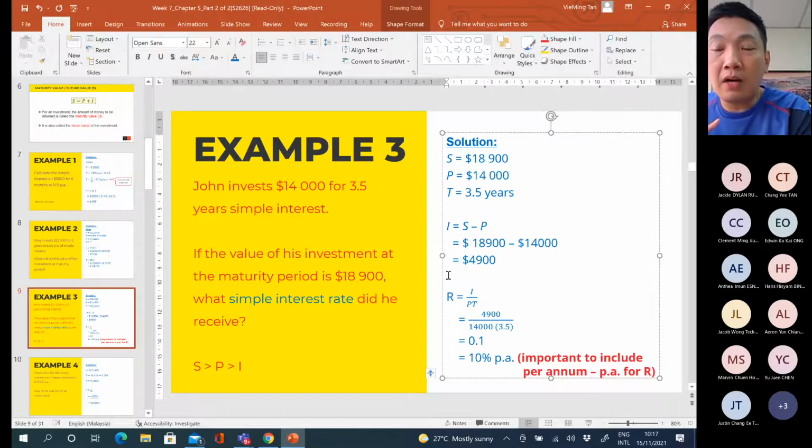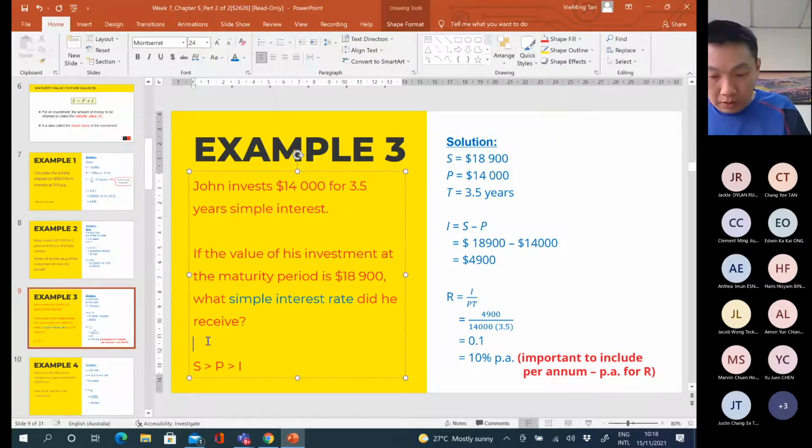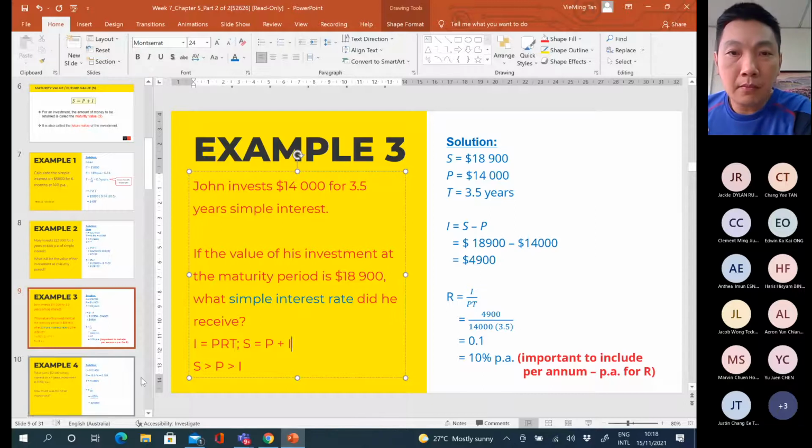But now we don't know the R value, so we can use another formula to help us. So far this morning we already learned 2 formulas, right? I equals PRT, and we also learned S is equal to P plus I. You're asked to get the R value, but the problem is we cannot use the first formula to solve the problem now, because the I we don't know.